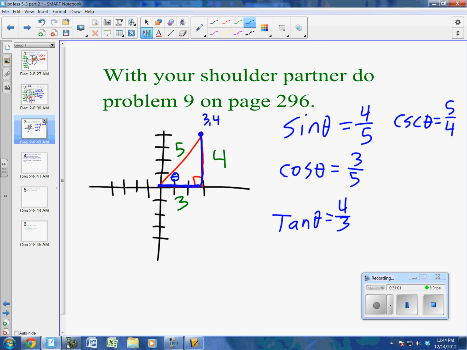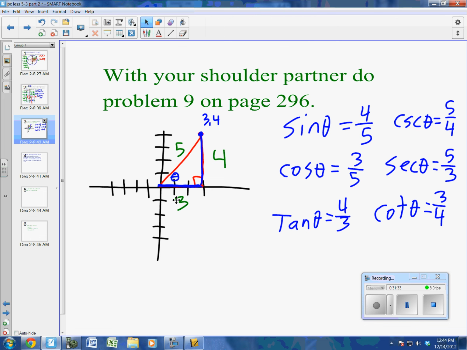Jenny, give me another one. 5 over 3. Okay, how'd you get that? r over x? Or the reciprocal of cosine, right? Okay. Jonathan, what's the last one? Cotangent. Why? Good. Okay, it's a reciprocal, all right?